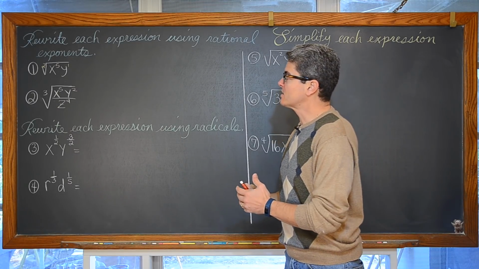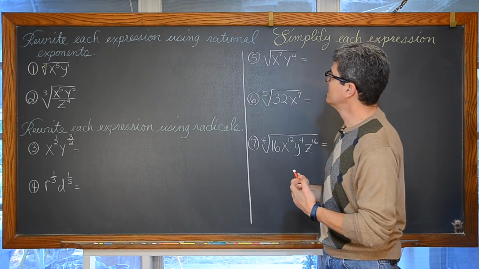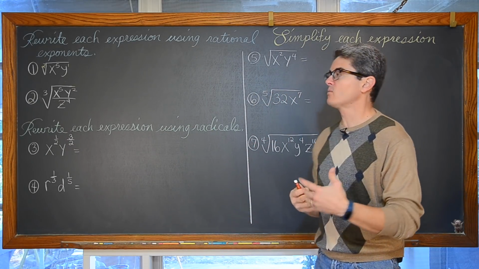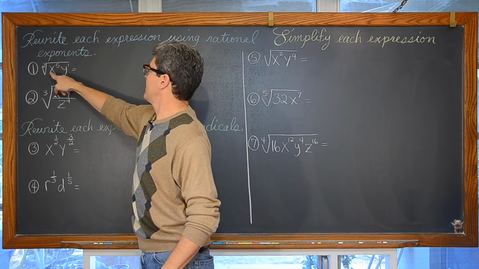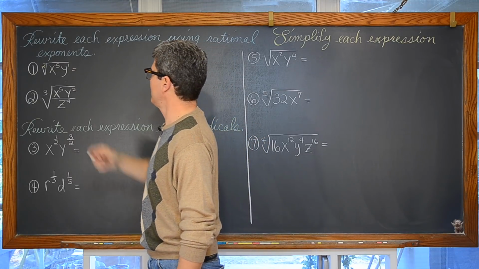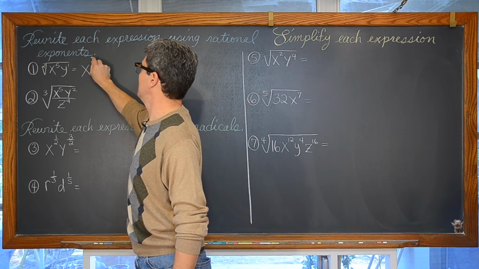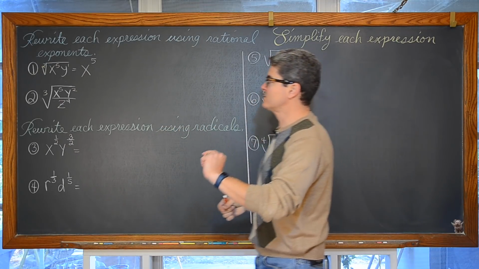It doesn't say to simplify this, it just says to rewrite the expression using rational exponents. So the x has a power of 5, so it's going to be x to the 5. Now, we're taking the square root of x to the fifth.